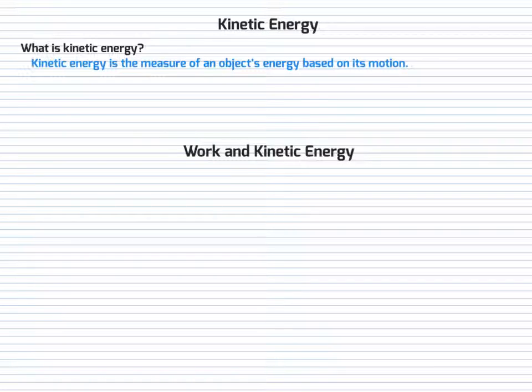So if an object is moving, it has some amount of kinetic energy. Our mathematical definition is that kinetic energy is equal to 1/2 mv squared. And our units for kinetic energy, like work, are joules.